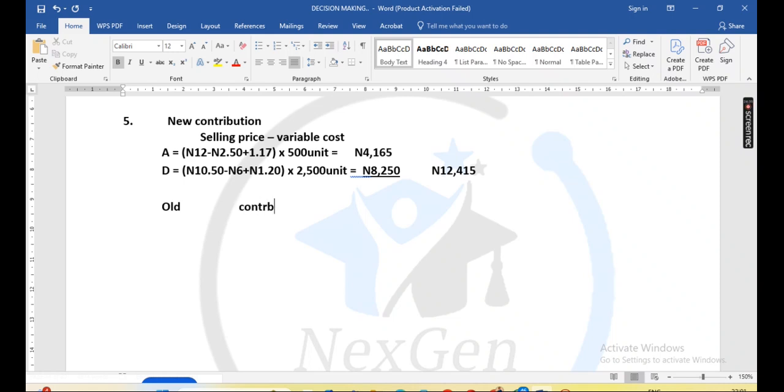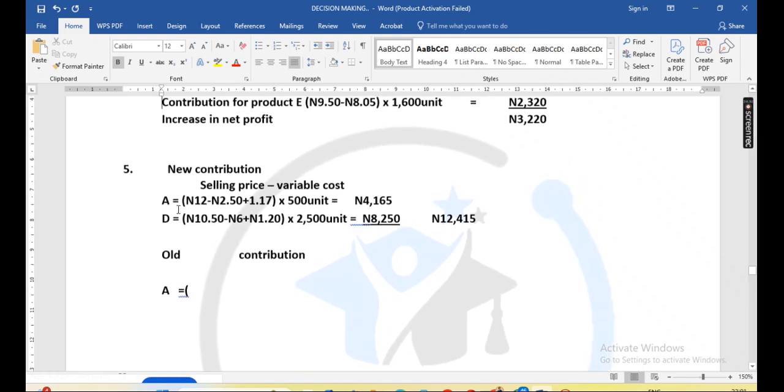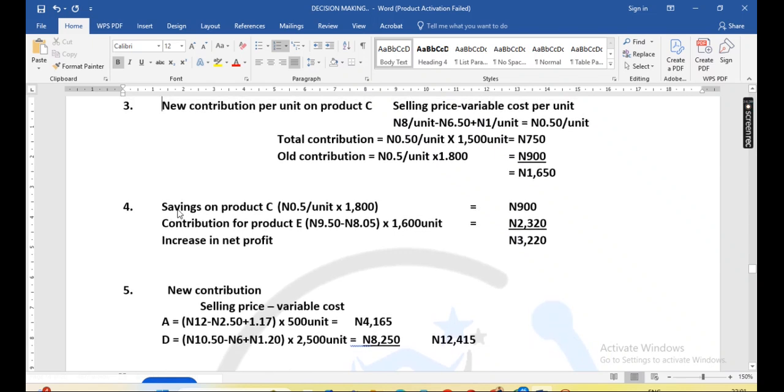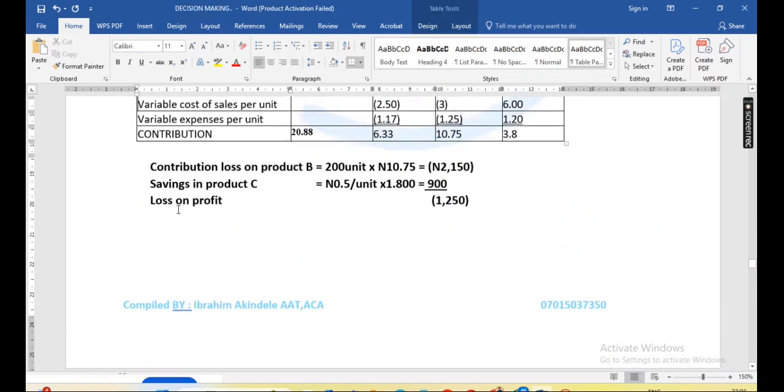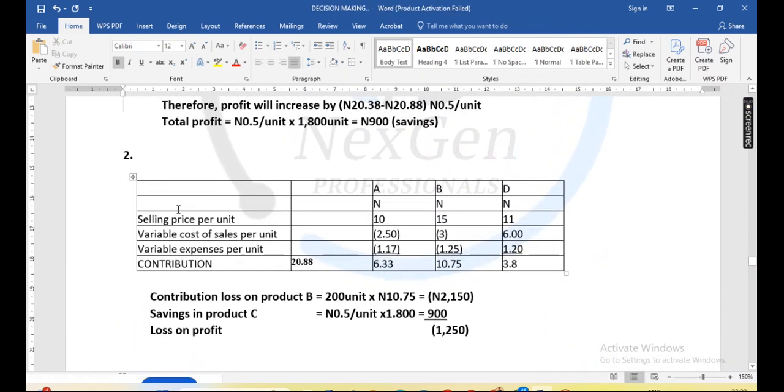Contribution A. So we go back. What is the A and D? What is the selling price? We've done it before now. A and D. Here is A.